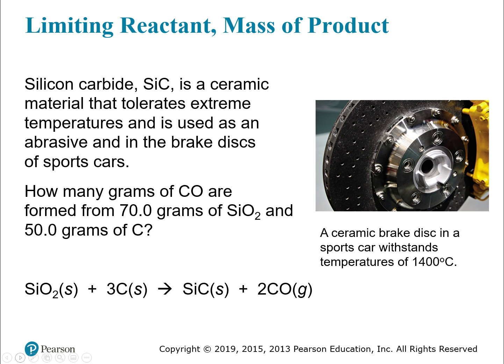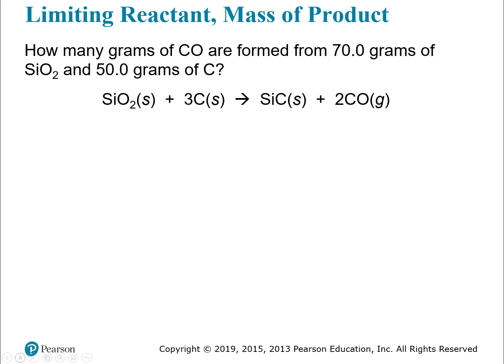How many grams of carbon monoxide are formed from 70 grams of silicon dioxide and 50 grams of carbon? And then there's the chemical equation down here below. Now there isn't enough room for me to solve this on here, so I put the question and the equation on a new slide.